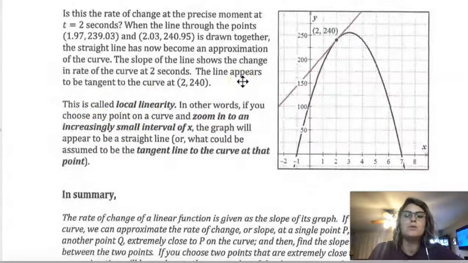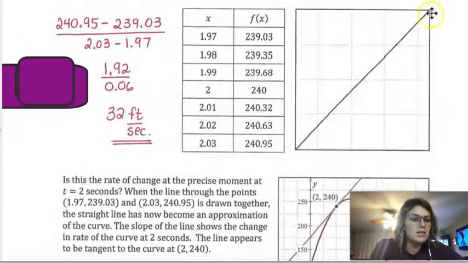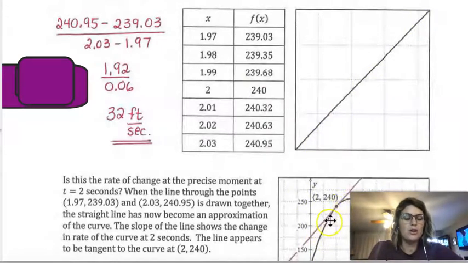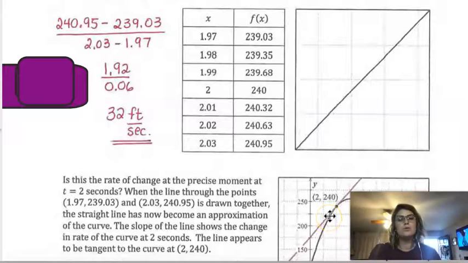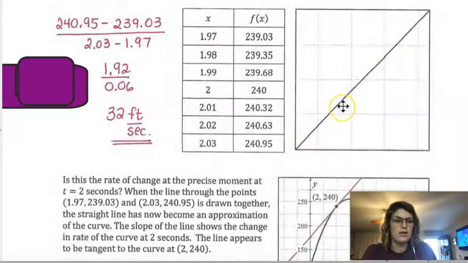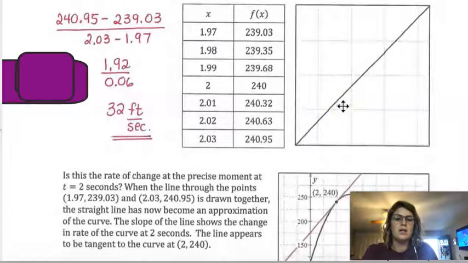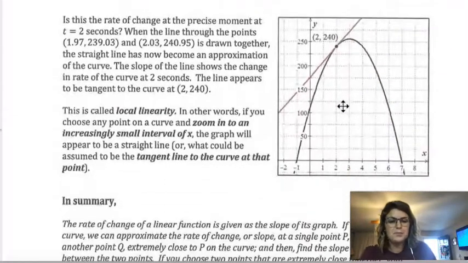In other words, if you choose any point on the curve and zoom in to an increasingly small interval of x, so numbers that are really close together, the graph will appear to be a straight line, or what could be assumed to be the tangent line of the curve at that point. So if we look back up at this, that straight line that we're looking at is actually this curve down here, but because we're so zoomed in to those really minuscule decimal points that are really close to 2, it looks like a straight line, and so we're able to find the instantaneous rate of change at a specific point.